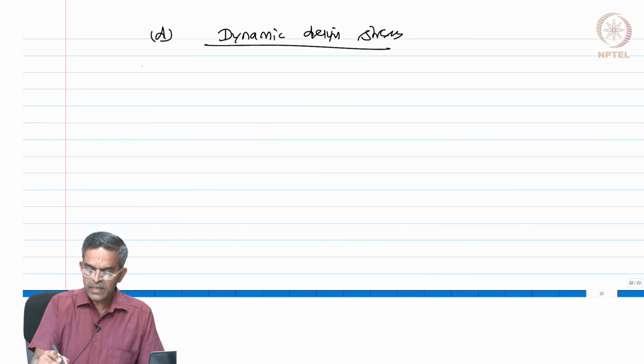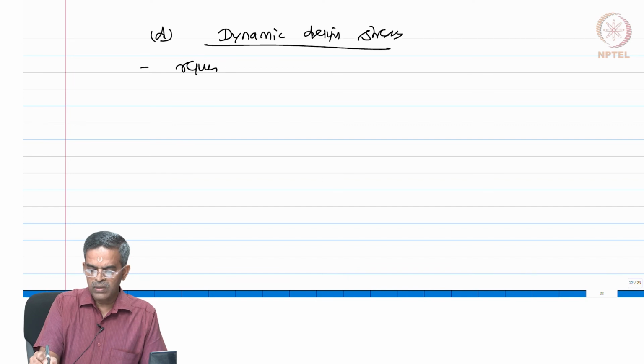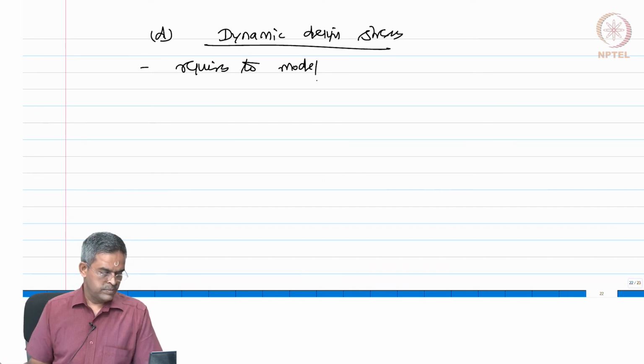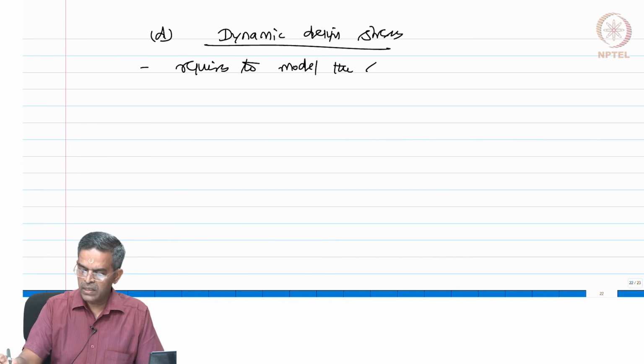So, the dynamic design stress requires to model the strain hardening effect of the material.